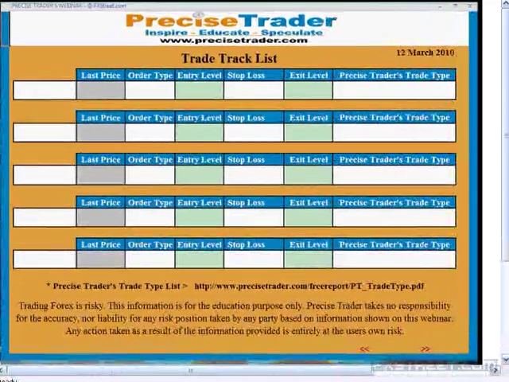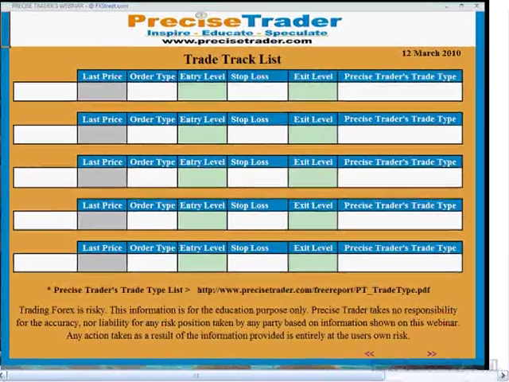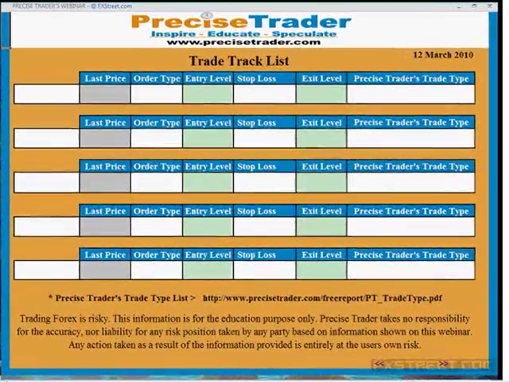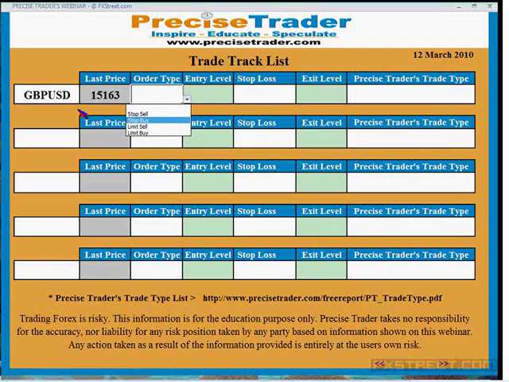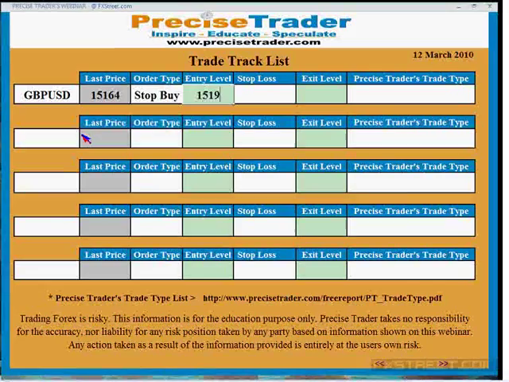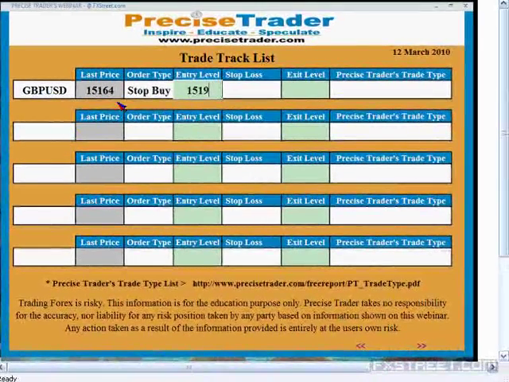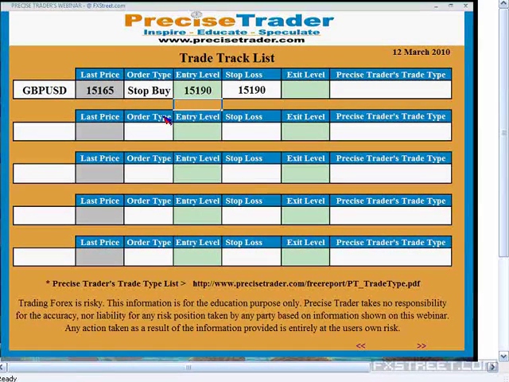Okay, coming back to this, let me give you the trading tip on this particular instrument. Pound US, this order type is going to be a stop buy, because as I told you, I would only want to buy when the price breaks.